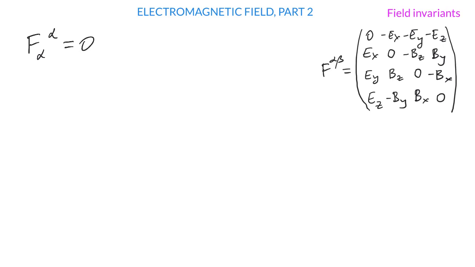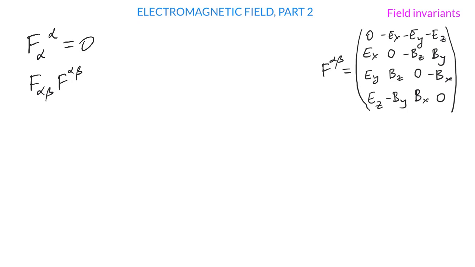Now the next thing to try is something quadratic in electric and magnetic fields, and to make something quadratic we need to make a direct product of tensor F with itself and then contract some of the indices. So let's see what we can accomplish this way. We can take a combination F alpha beta F alpha beta, contracting alpha and beta.